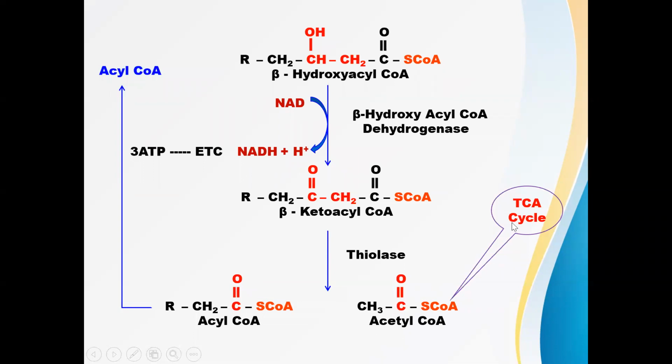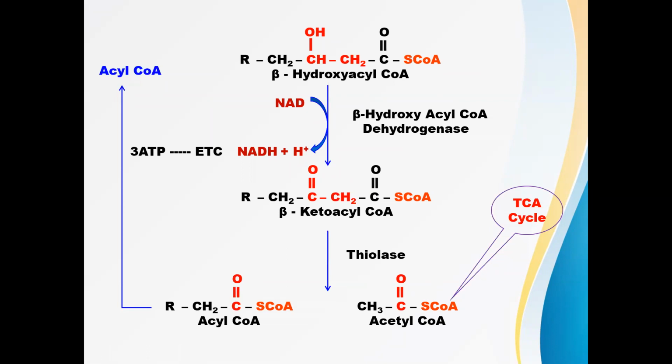The acetyl CoA formed here enters the citric acid or TCA cycle, where it gets completely oxidized to carbon dioxide and water. You also need to know about the energetics of the TCA cycle in order to understand the energetics of beta oxidation. So what are the 4 reactions involved in beta oxidation proper?